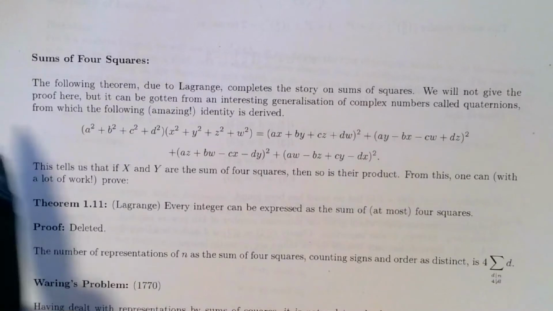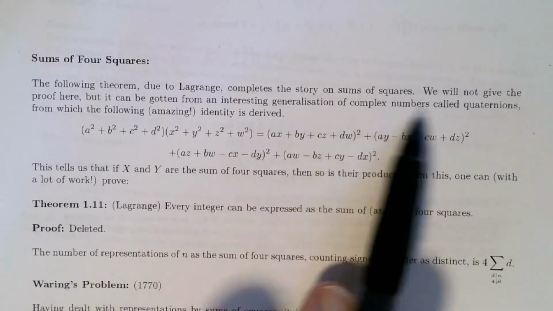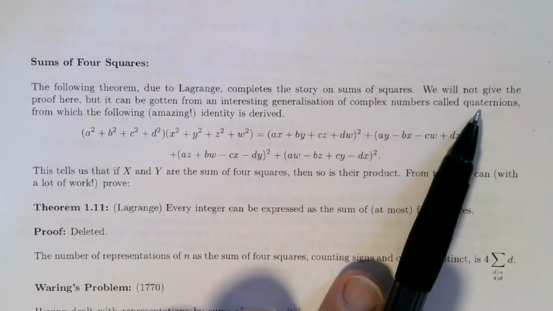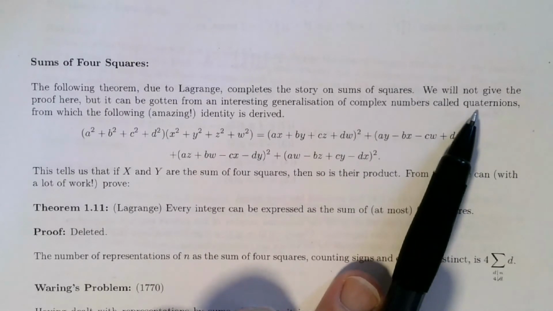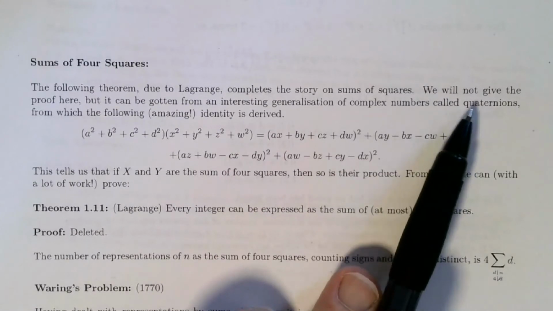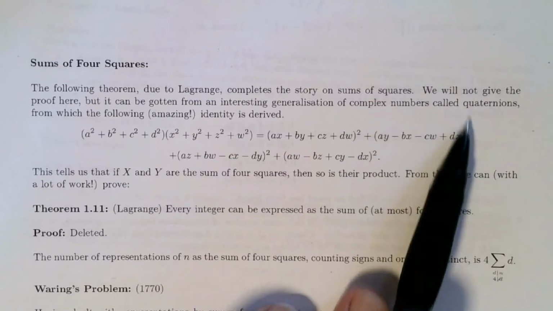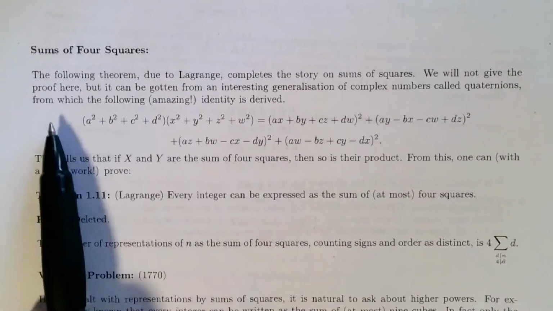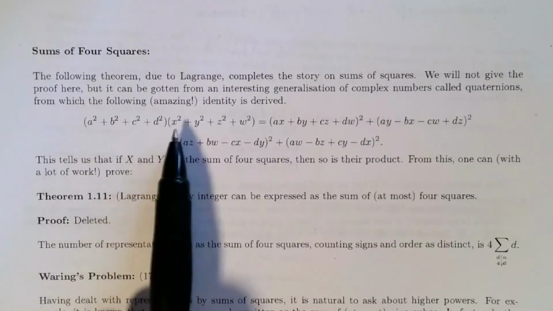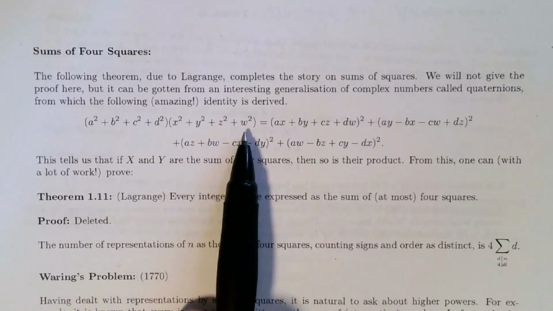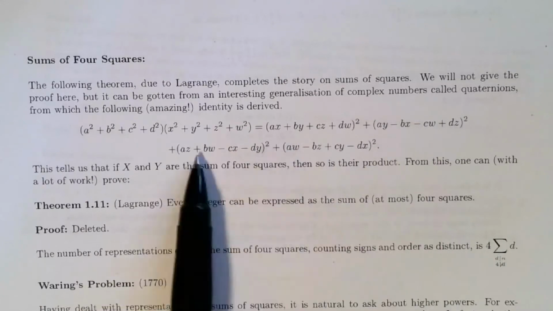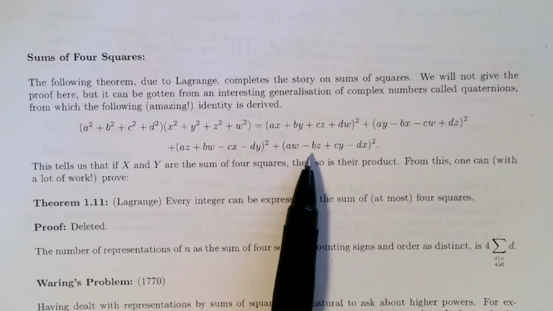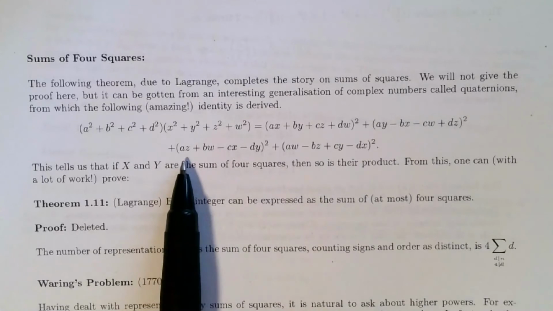You can get it from an interesting generalization of complex numbers called quaternions, and using the identities similar for complex numbers, using the modulus or the norm, you can have a similar thing for quaternions, and from that you can get the following, I think, rather amazing identity, that if you've got the product of 2 lots of sums of 4 squares, it turns out to be itself the sum of 4 squares, and this explicitly tells you what the squares are.